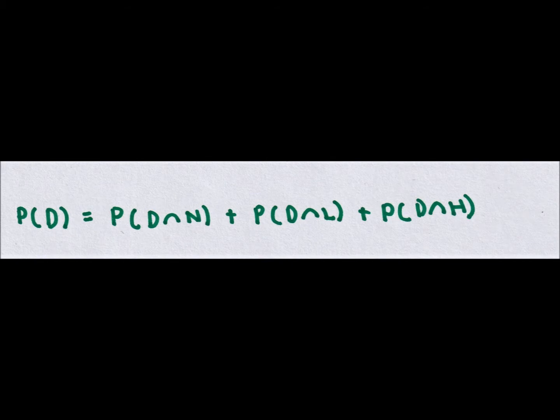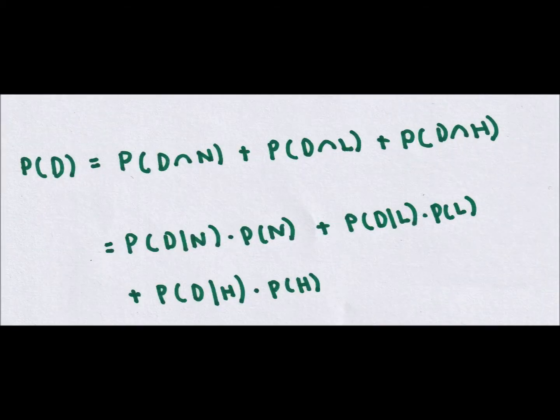Next, we're going to solve for the probability of dying in 5 years. The probability of dying in 5 years equals the probability of die intersect with non-smokers, plus the probability of die intersect with light smokers, plus the probability of die intersect with heavy smokers. This is the same as the multiplication rule that I explained before.